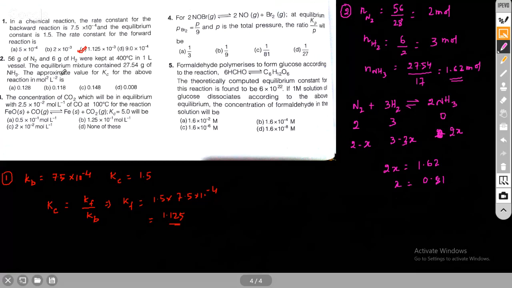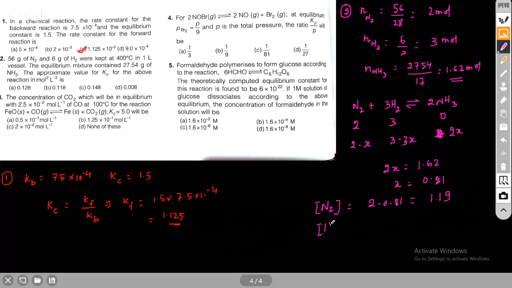Okay, it's 1.62, so it's fine. So number of moles of NH3 we are getting, volume is 1 liter, so whatever this is is nothing but the number of moles. So 2x is 1.62, so x is 0.81. So when x is 0.81, equilibrium concentration of N2 will be 2 minus 0.81, which is nothing but 1.19. This is correct.